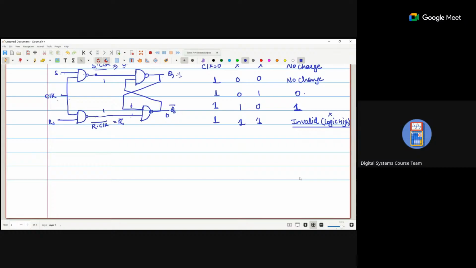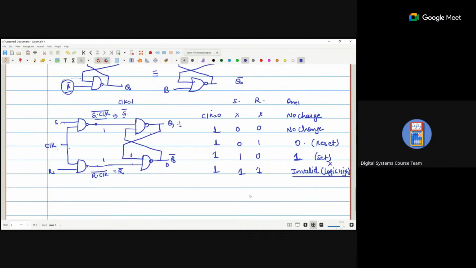Okay, fine. Any doubt? So this is the set, this one set. This condition occurs when R is 1.